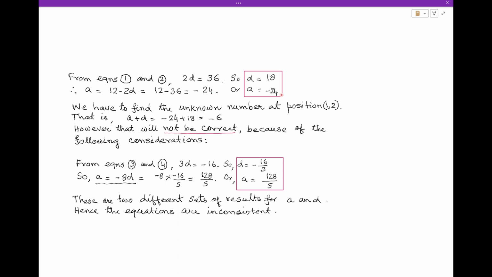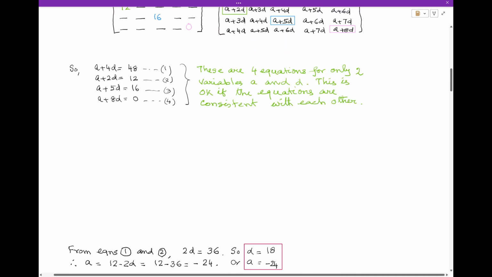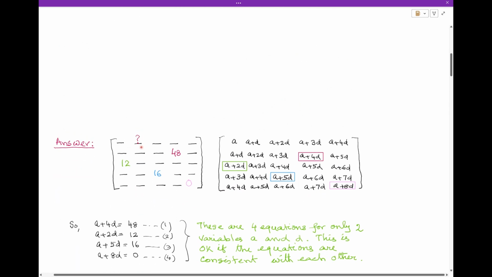Therefore, A is equal to minus 24. We have to find the unknown number at position (1,2), that is first row and second column, that is this position.